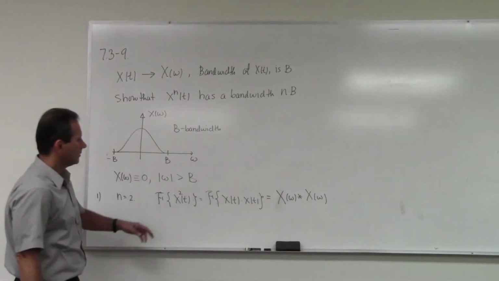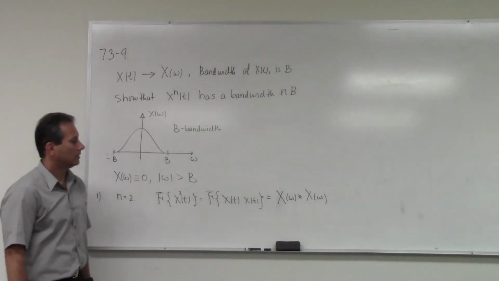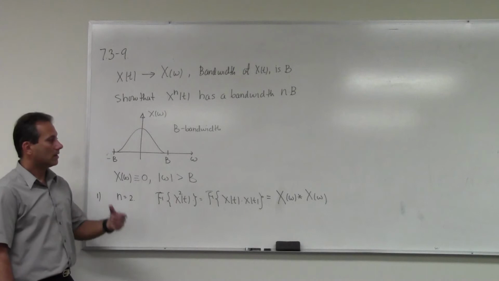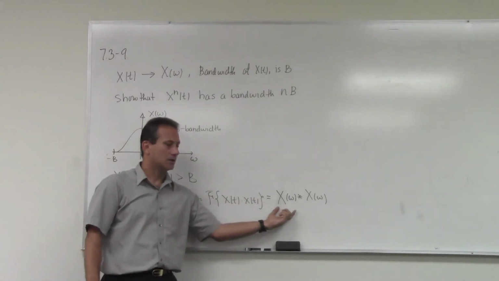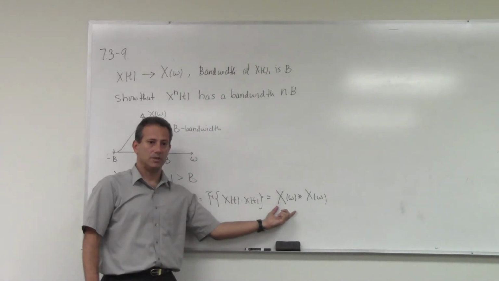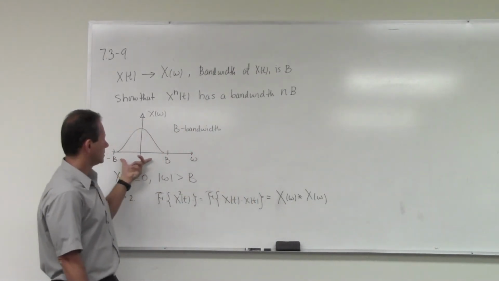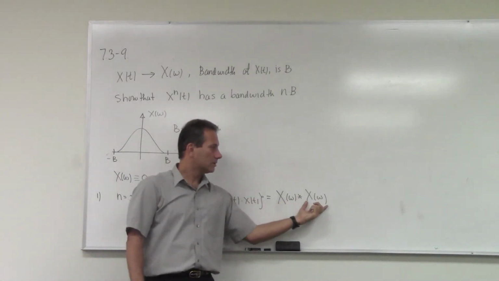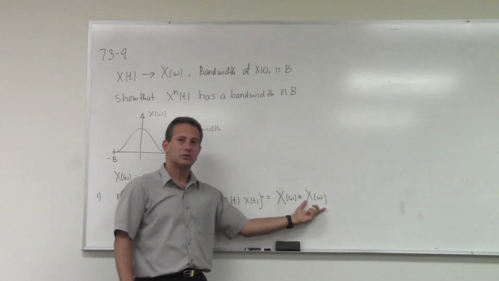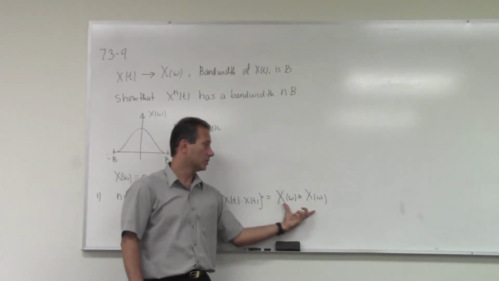So to get the Fourier transform of the product, I have to convolve the Fourier transform. Well, what do we know about the convolution? If the duration of this signal in the frequency domain is 2b, because it's double-sided, then the duration of the convolution is the sum of those two.